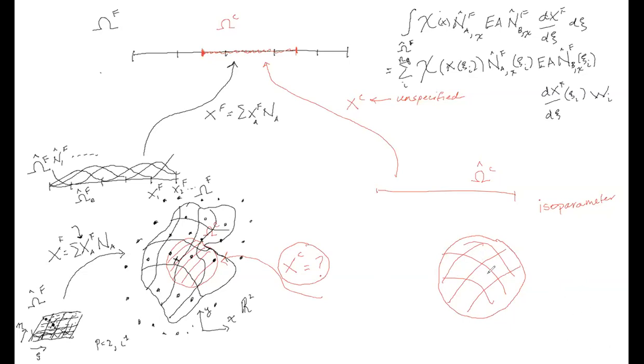So I can't scribe any isoparameter lines through x sub c. I don't know this guy, so I can't put any mesh lines on this because I don't know what the isoparameter domain was.